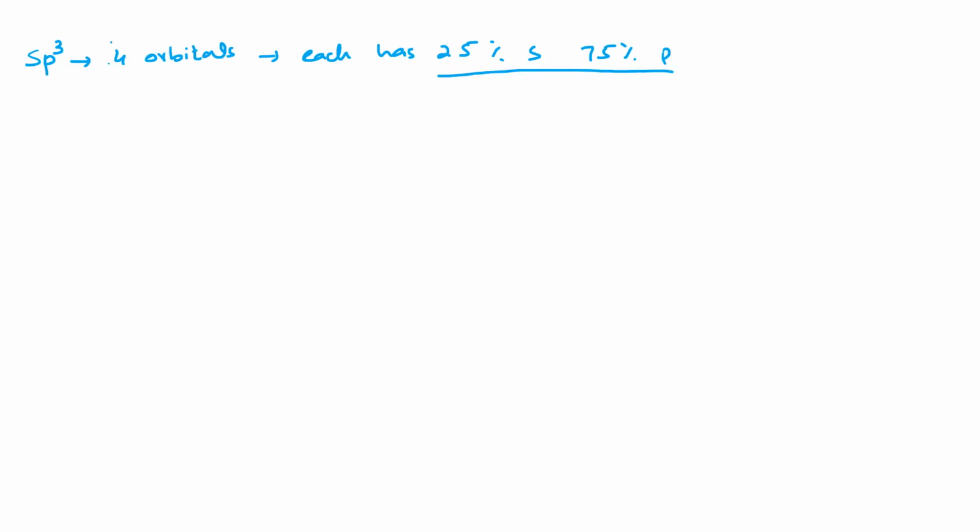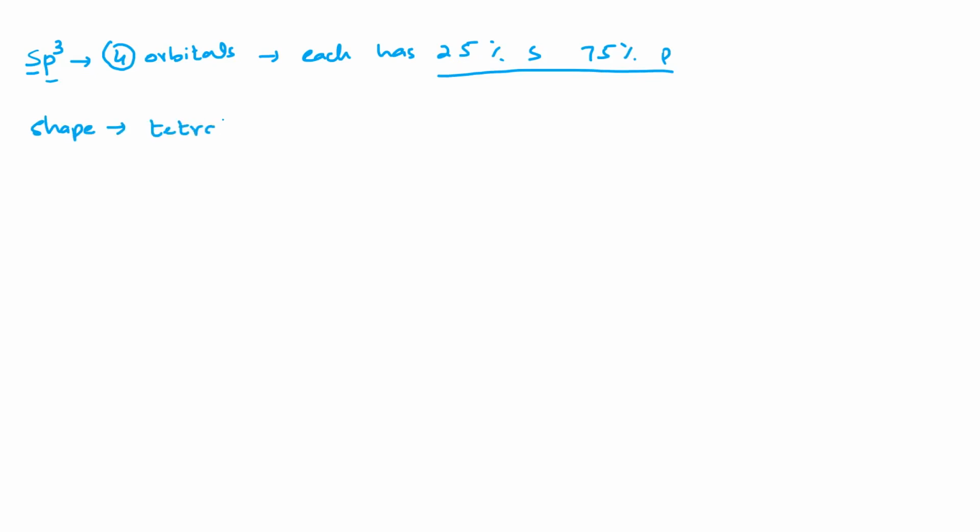So if I discuss sp3, there are four orbitals, as we see from the previous example. Each has 25% s character and 75% p character. That makes sense, right? Because I have to divide four into equal parts, so one is S and three is P. Now this shape would be tetrahedral.